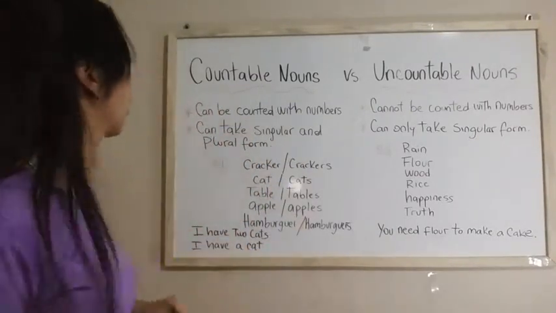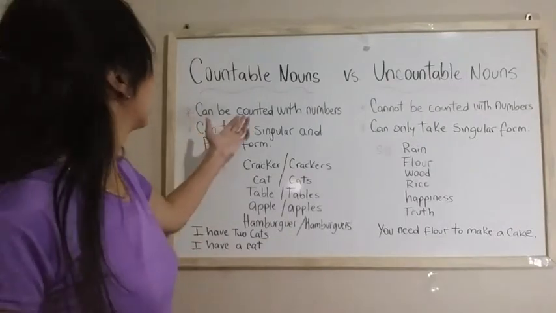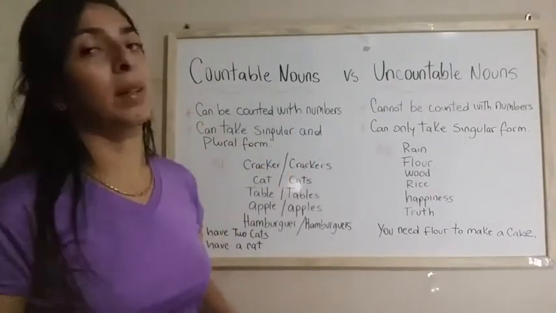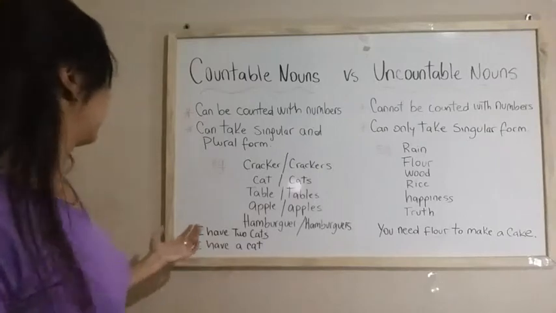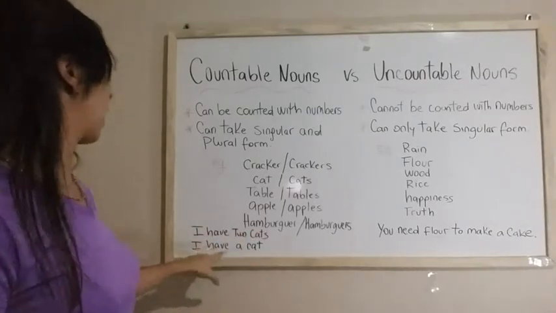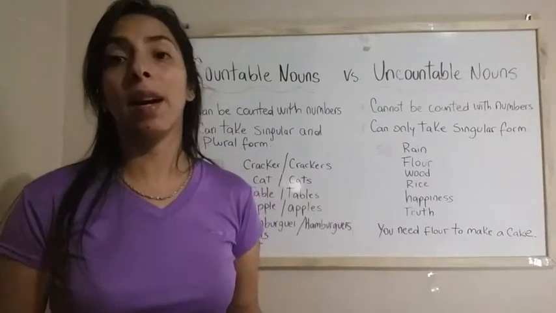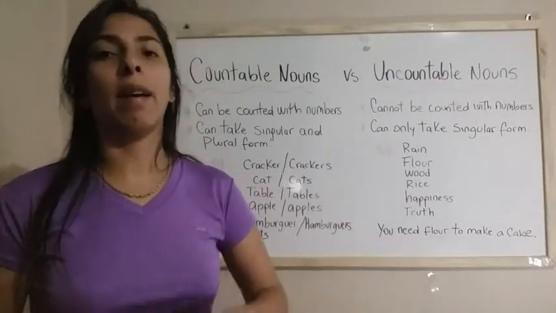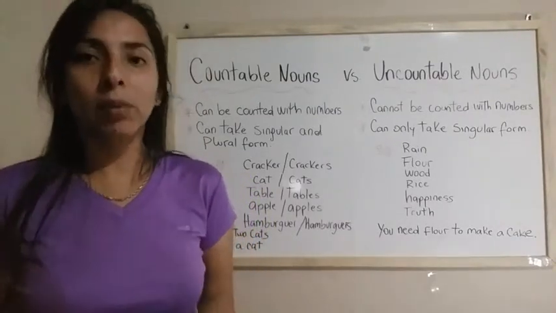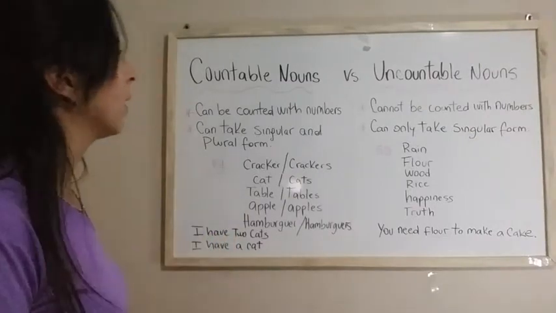They can be counted with numbers. For example, I have 2 cats, I have 1 cat, I have 1 chair, I have 2 chairs, I have 3 chairs. We can count these nouns, okay?